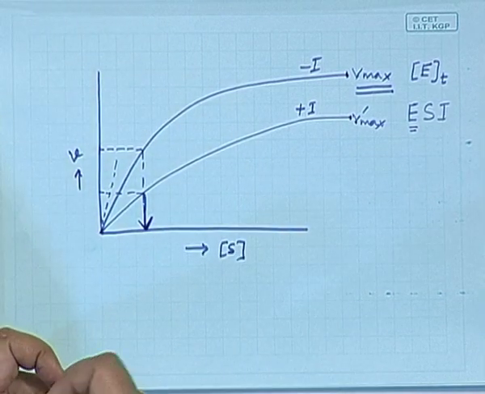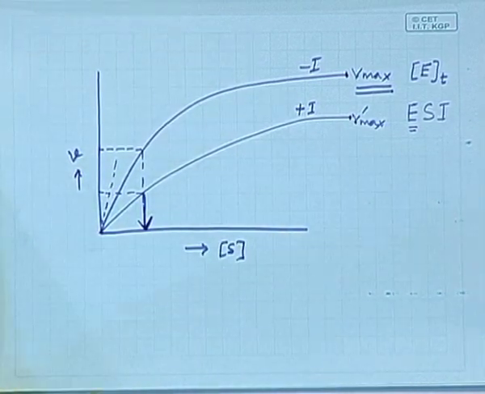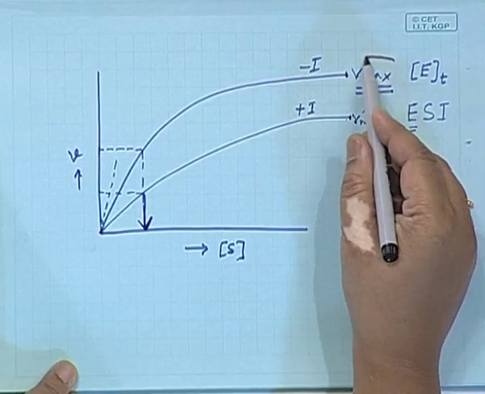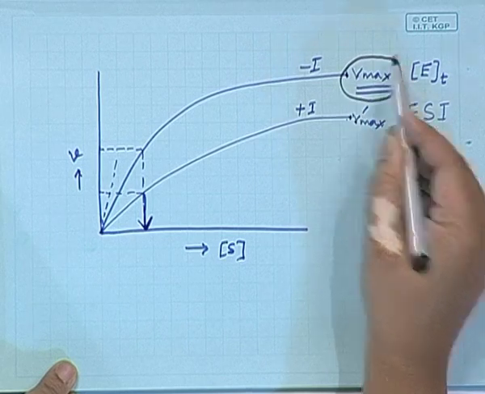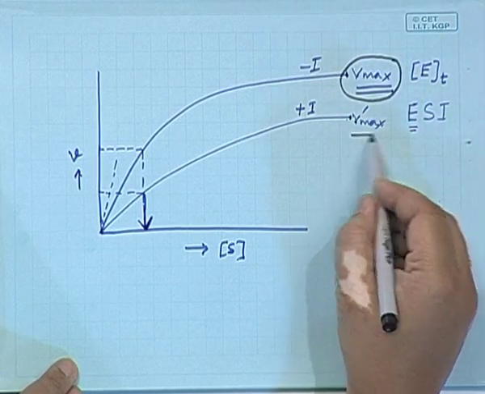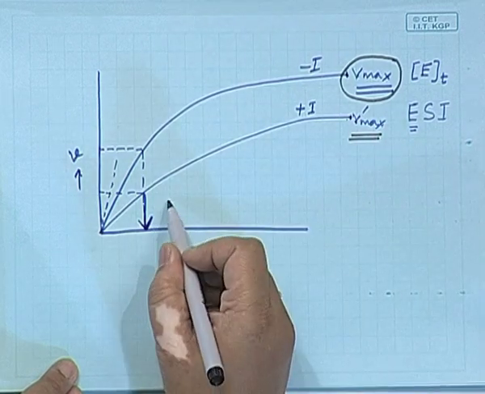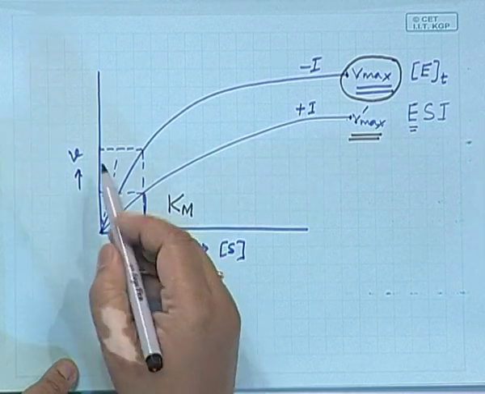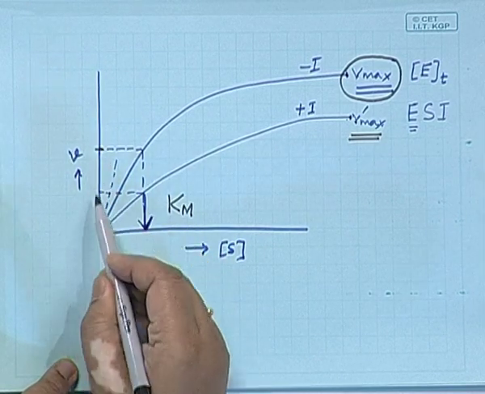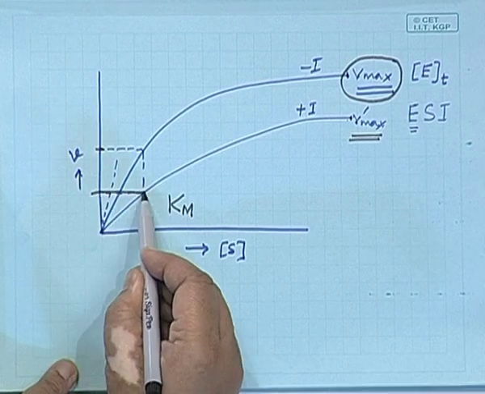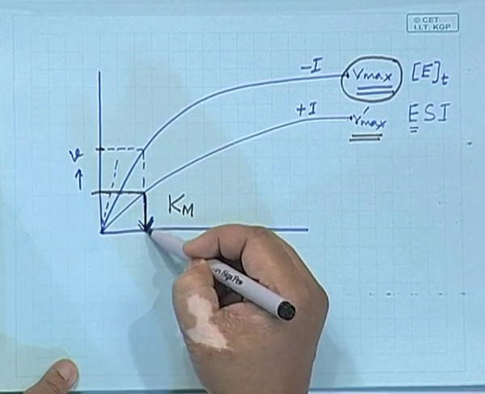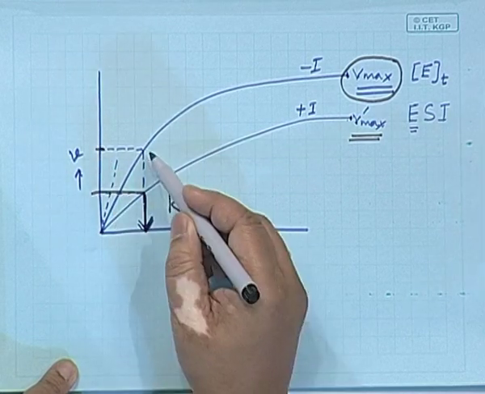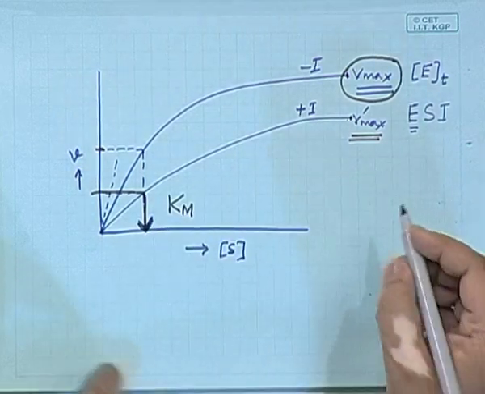So, what happens in this case is that the Vmax that could be attained for an uninhibited enzyme is not reached, but the Km value, which is half of the Vmax and half of this Vmax, is the same. This is where we have the inhibitor, this is where we have no inhibitor. So, this is usually the same.